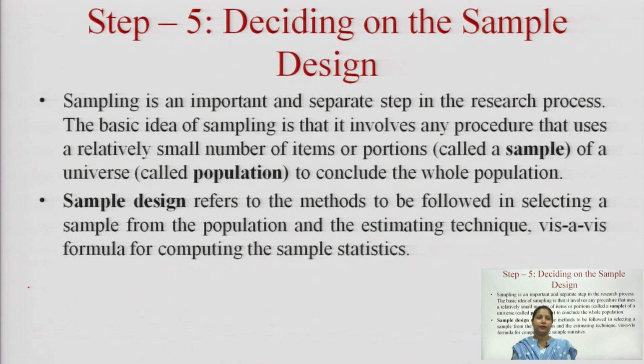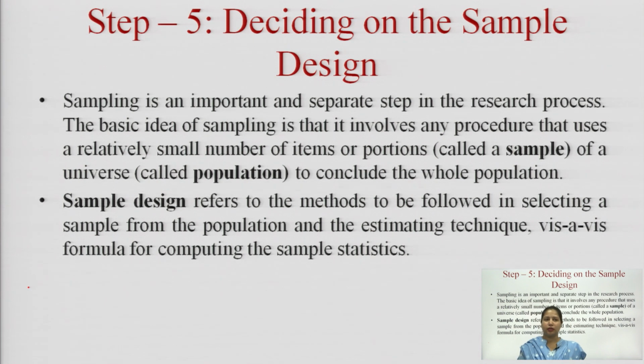The basic idea of sampling is that it involves any procedure that uses a relatively small number of the items or proportion, called a sample, of the universe or the population, to conduct the study on the whole population.